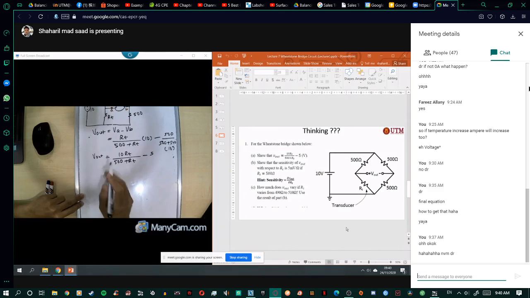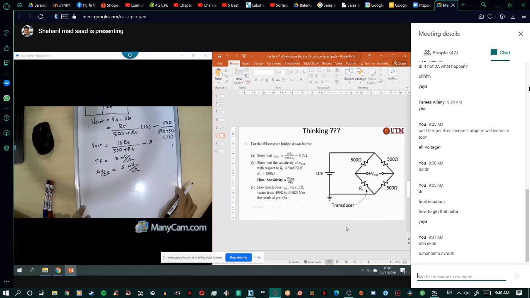Sensitivity, or sometimes we call it the transfer function, for this one is 5 millivolt over ohm. So for the transfer function, we know for Wheatstone bridge it is delta V over delta R. Okay, it's 5 millivolt over ohm.